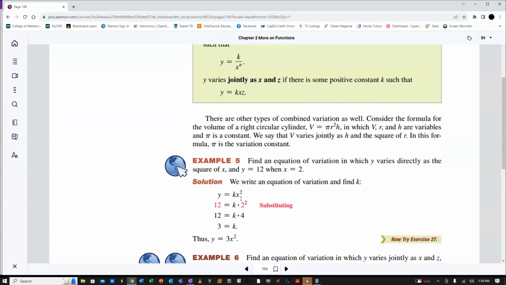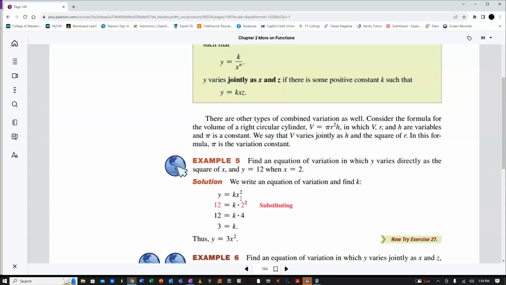The volume of a shape called a right circular cylinder, V equals pi r squared h. Here the volume, the radius r, and the height h are variables, while pi represents our constant. We could therefore say that V varies jointly as h and the square of r, and in that formula, k would equal pi, the variation constant.